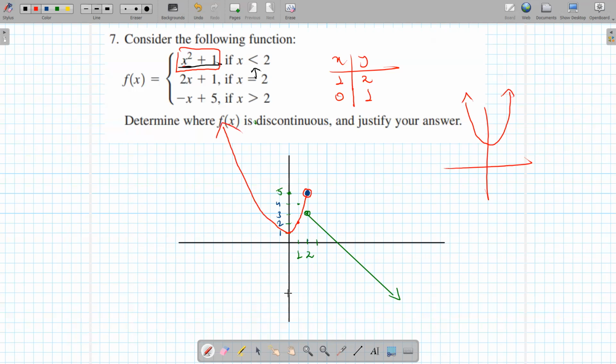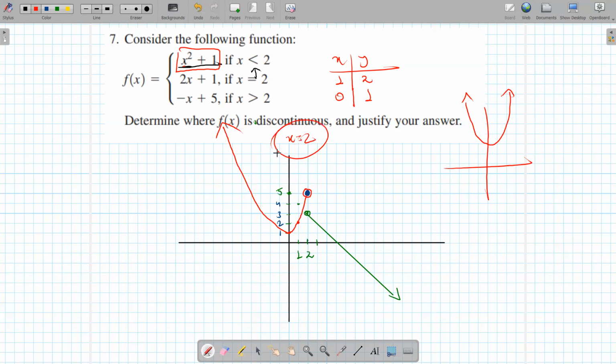All right. Now finally, we can answer the question. Where is this function discontinuous? In other words, where does it jump? Are there any jumps? Yes. Where? At which x value? When x is 2. Yeah, when x is 2, it's discontinuous.